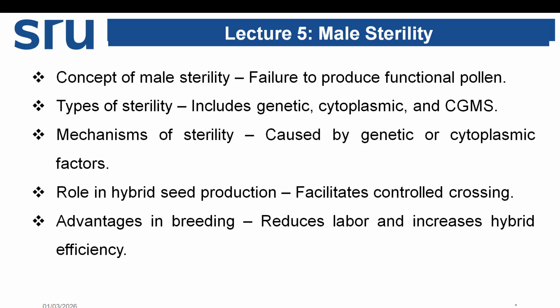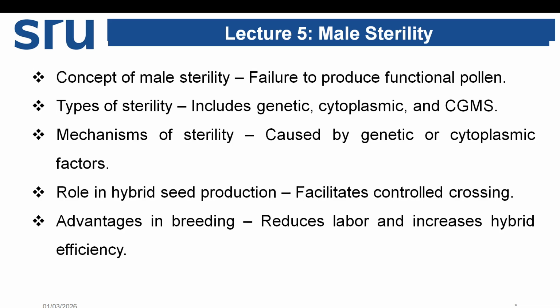There are three types: genetic male sterility, cytoplasmic male sterility, and cytoplasmic genetic male sterility. So these three types we will see. Then the next point is mechanisms of sterility, which is caused by genetic or cytoplasmic and genetic factors.